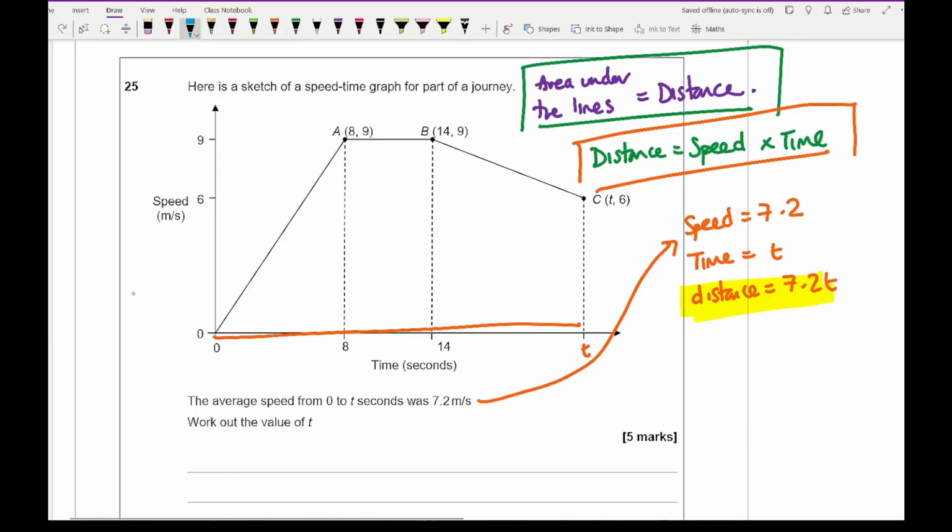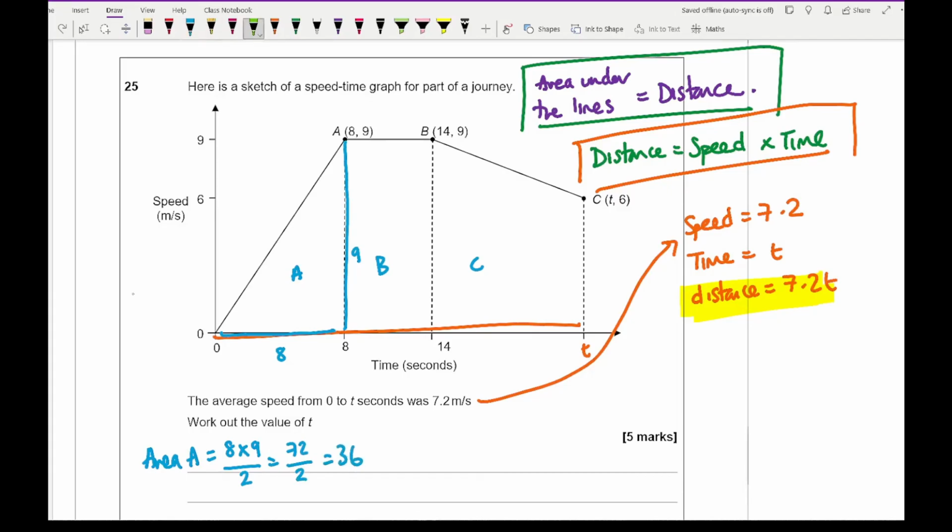So if I label the 3 sections as A, B, C, the area A is going to be a triangle, and I know that the base of that triangle is 8 and the height of that triangle is 9, so area A is going to be 8 times 9 divided by 2, so that's 72 divided by 2, which is 36.